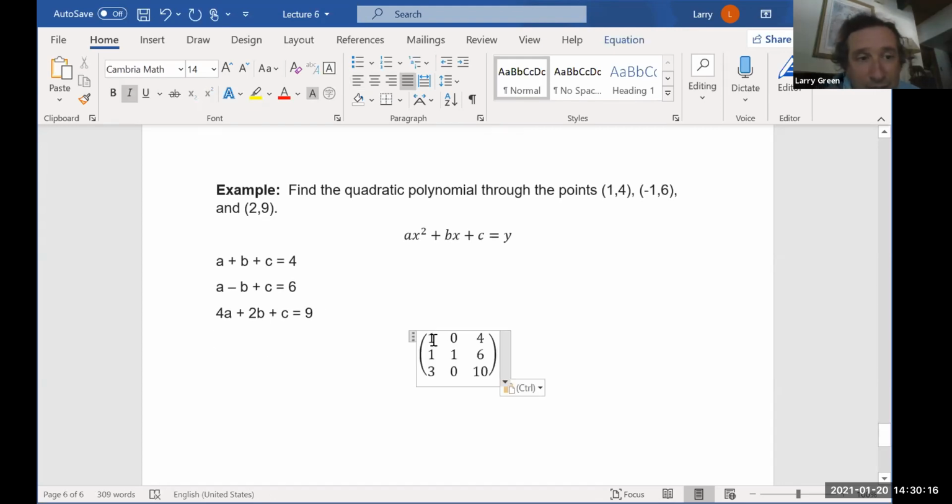So we could take the matrix. Now we're going to have a 1, 1, 1. We're going to have a 1, -1, 1. And then we're going to have a 4, then a 2, and a 1.